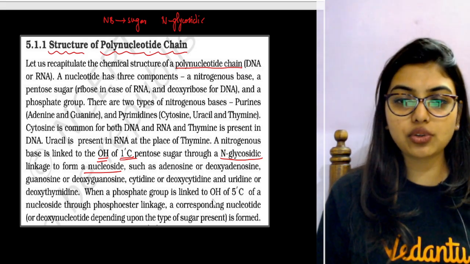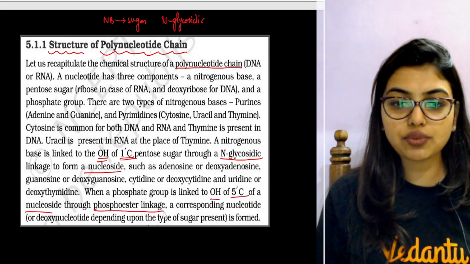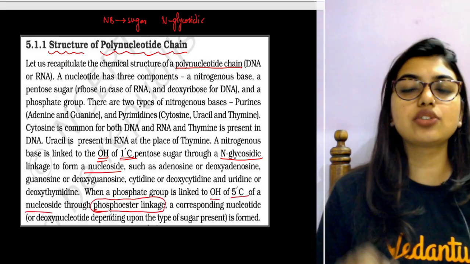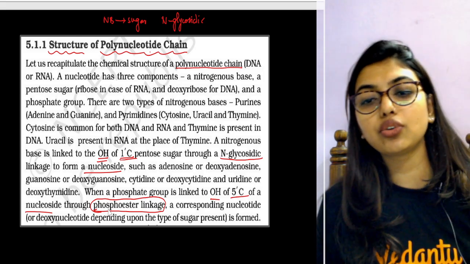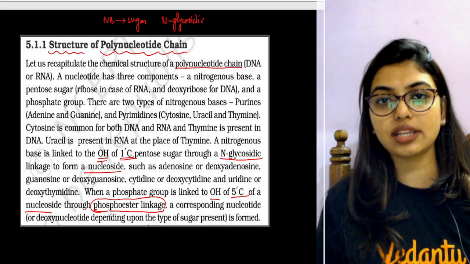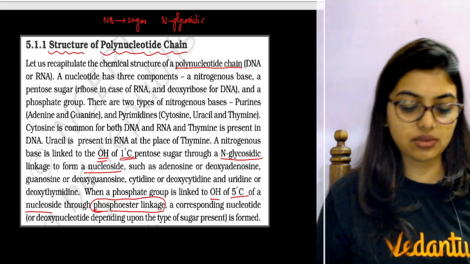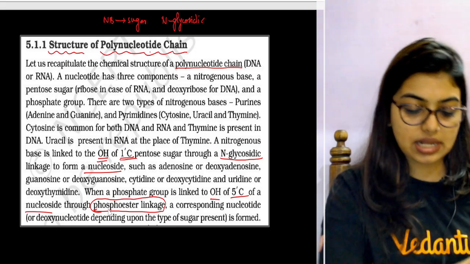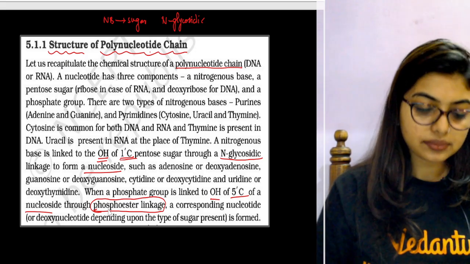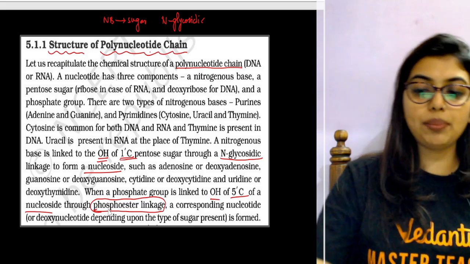When a phosphate group is linked to the OH of the 5th carbon of a nucleoside through a phosphodiester linkage, a nucleotide is formed. So a phosphate is going to link to a nucleoside with the help of a phosphodiester linkage. Clear? Now I will definitely explain it. Don't worry. I'm just asking you if you understood the lines of NCERT. Now we have to go a little in detail about the components of a nucleotide.